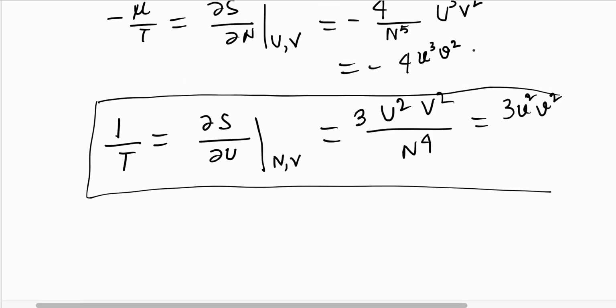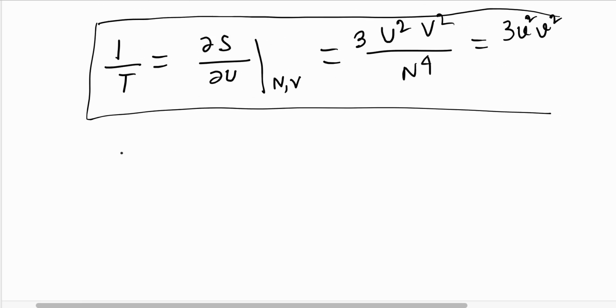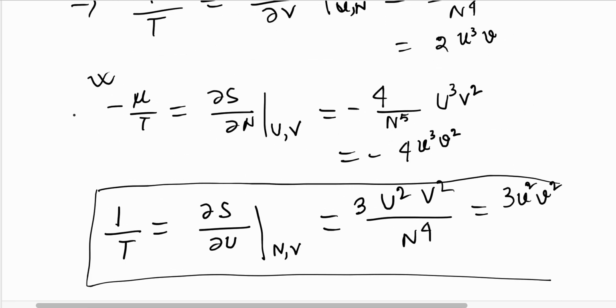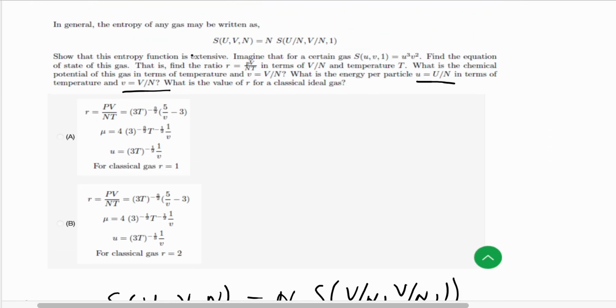Is it correct? Yeah, it's correct. So it looks correct. That means small v, we will replace small u, because in the question it is asked, what is the chemical potential of the gas, the pressure and the internal energy.